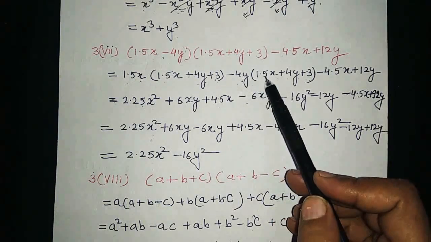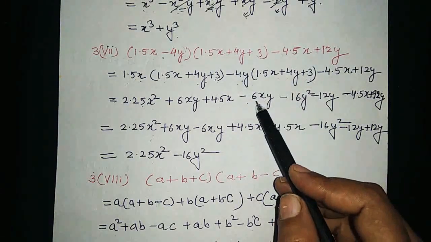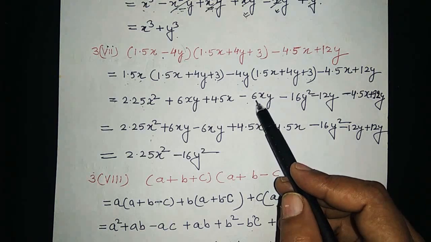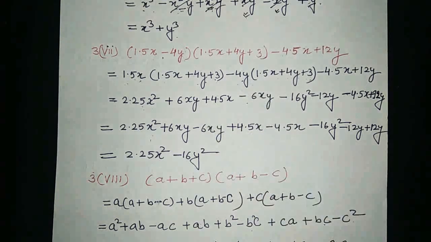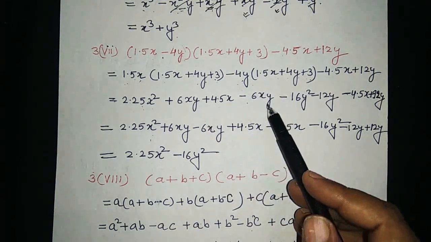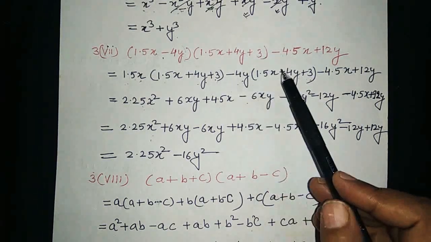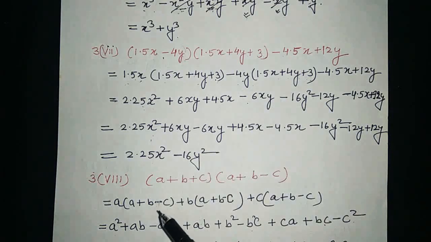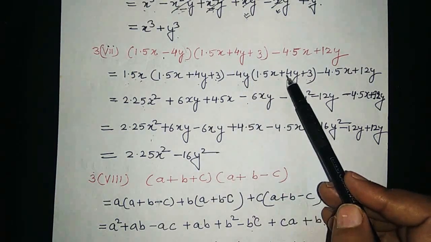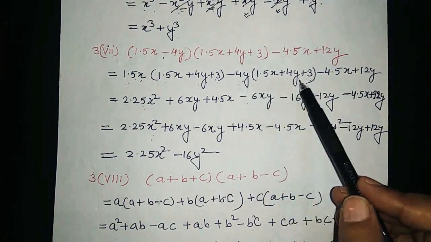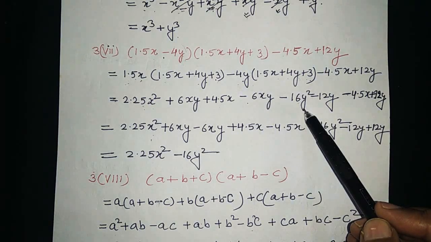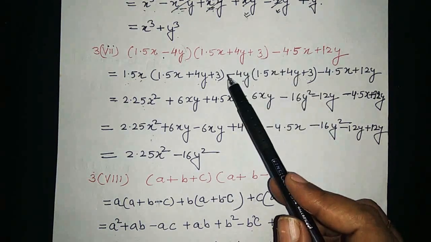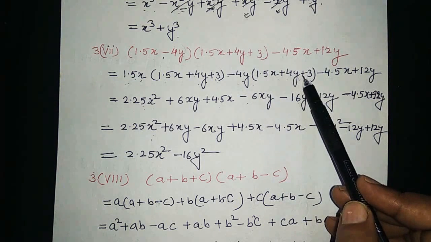4 into 1.5, what will come? 6.0, or you can write 6x, or y. Here you will write. Now this minus and this plus you will multiply, and here minus will come. 4 fours are 16, y into y, y square. Clear? Now here minus and this plus we will multiply.